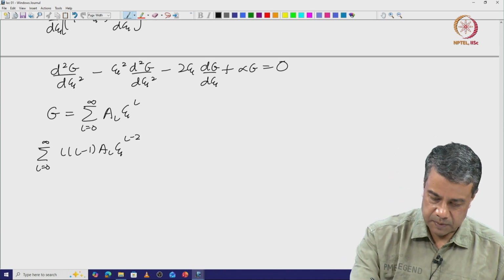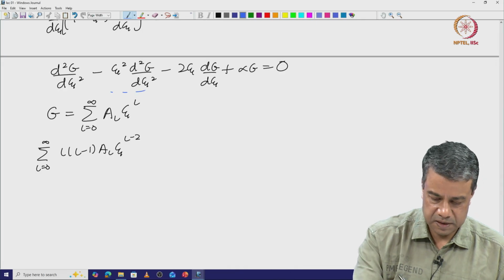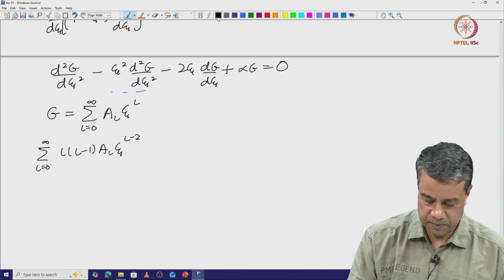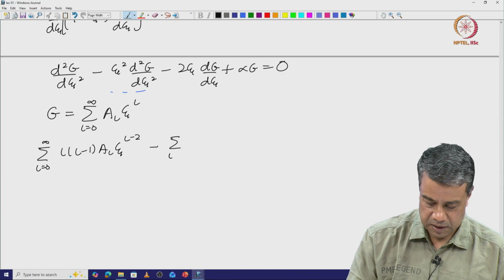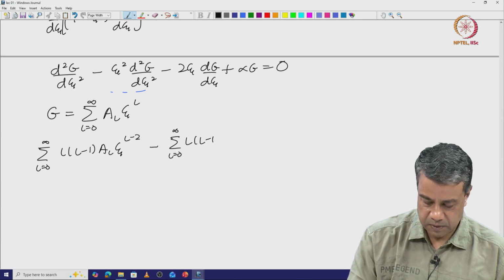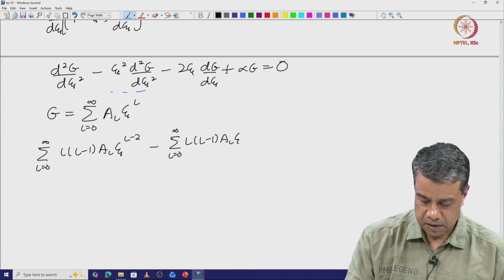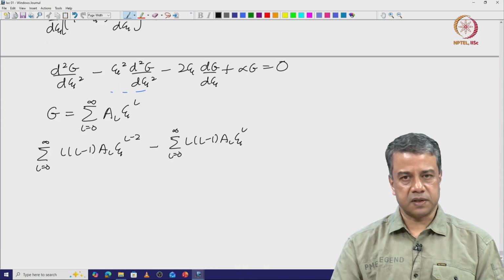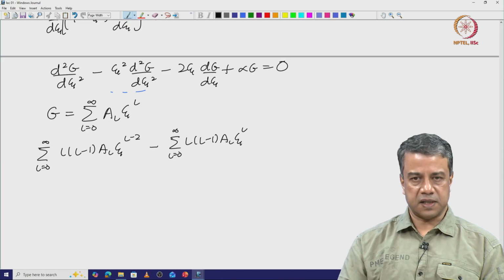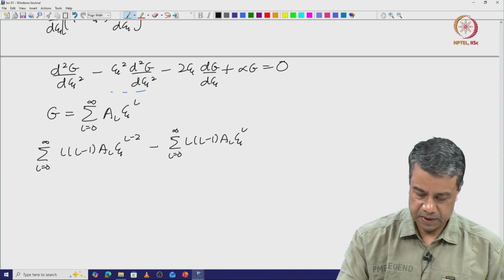Then I have the second term here, where basically I am subtracting the first term multiplied by psi square. So, I get summation L is equal to 0 to infinity L into L minus 1 a l psi power l, because I am multiplying it by psi square, the second term.